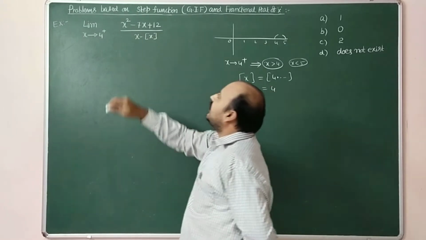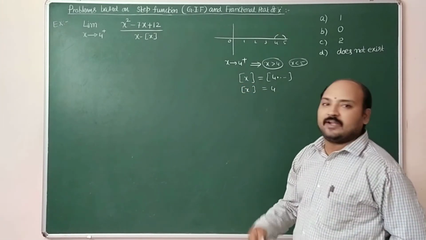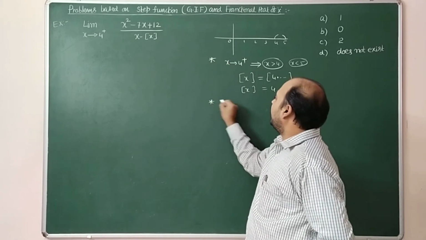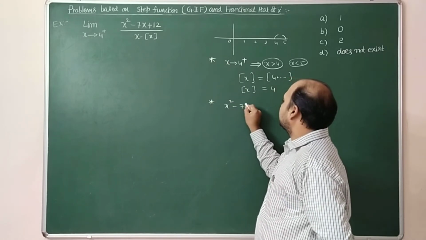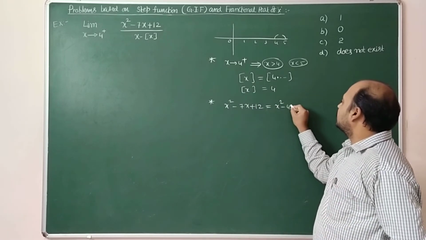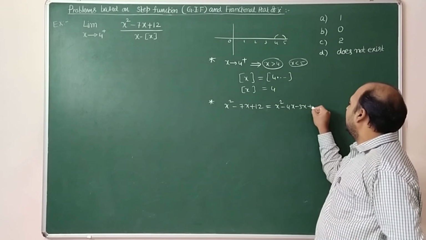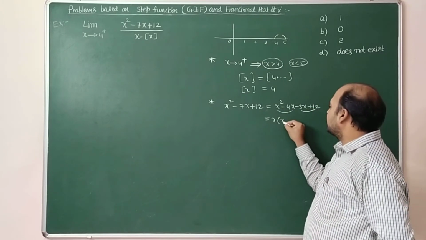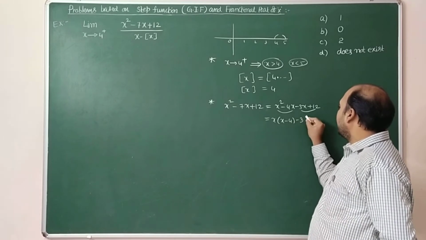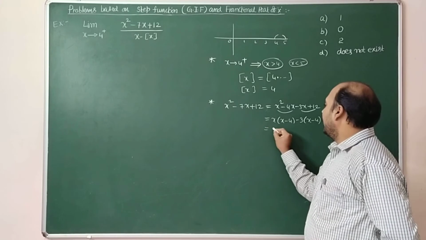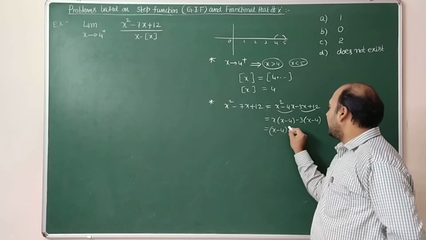After that we can calculate x square minus 7x plus 12 by factorization. This is the first step. Factorization: x square minus 7x plus 12 can be written as x square minus 4x minus 3x plus 12. So x into x minus 4 minus 3 into x minus 4, that is x minus 4 into x minus 3.